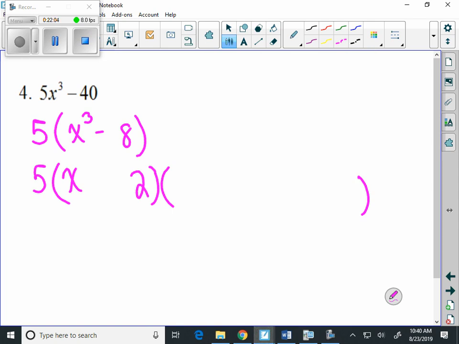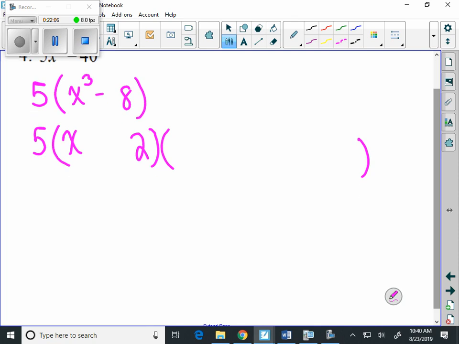To figure out what goes in the big parentheses, we're going to take x cubed divided by x. Don't go back to the very beginning. Go back to after you took out the greatest common factor. So it's x cubed divided by x. We had 3 x's, we took out 1, we get 2.